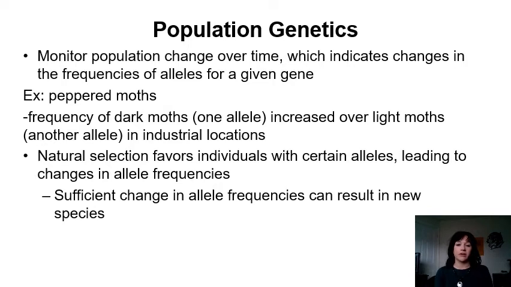And so there are alleles for that gene that promote lighter colored moths and alleles for that gene that promote darker colored moths. So in population genetics, you're tracking the color of the moths and also the percentage of homozygous dominant and recessive and heterozygous individuals, and looking at how those frequencies change over time.